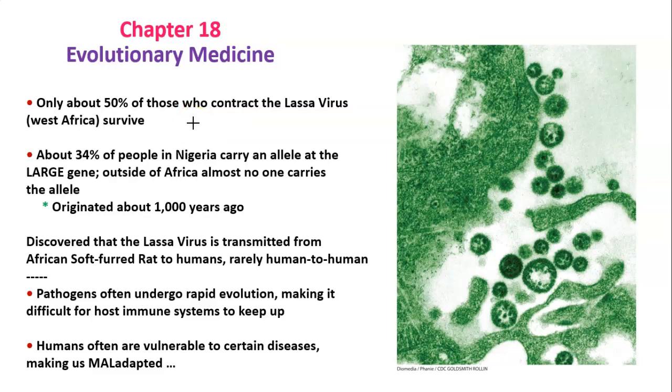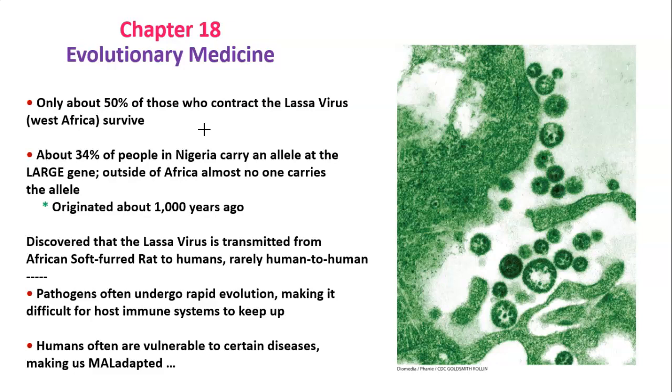Interestingly, about 34% of people in Nigeria, West Africa, carry an allele at the LARGE gene, as it's called, whereas outside of Africa, almost no one carries that allele. Head scratcher. There must be some evolutionary reason for that, or at least we might suspect so.